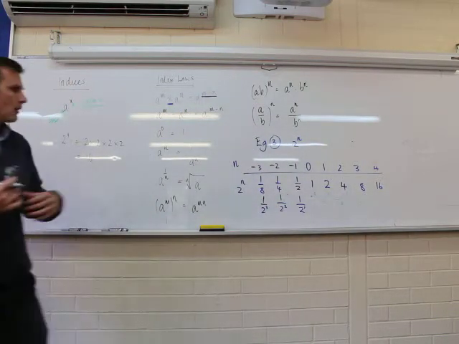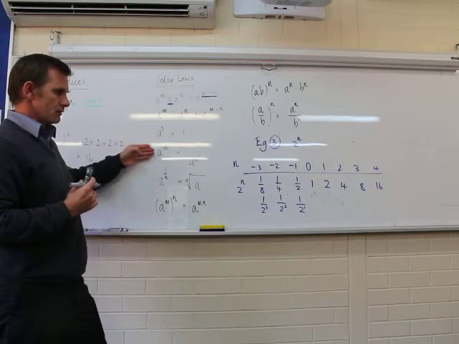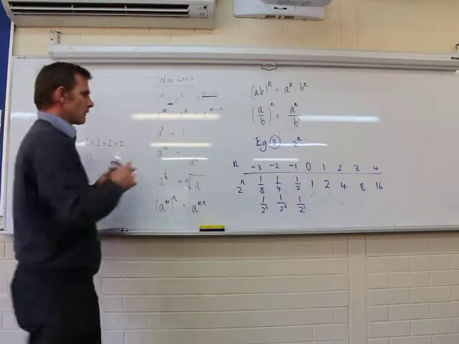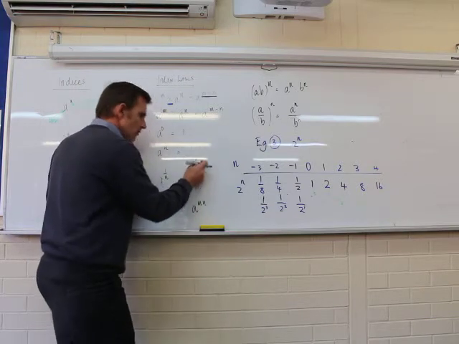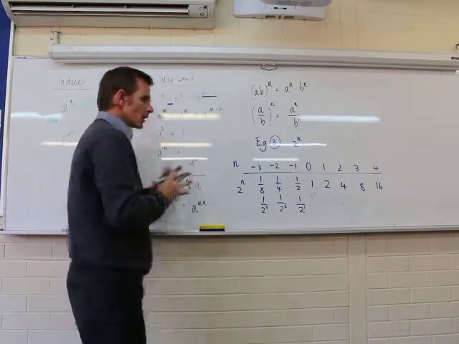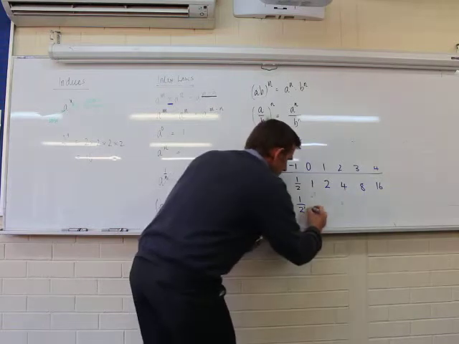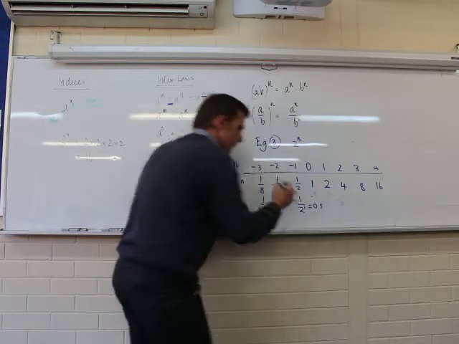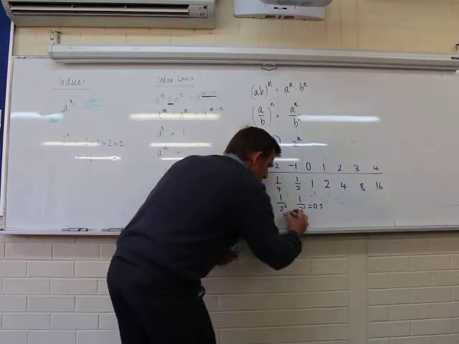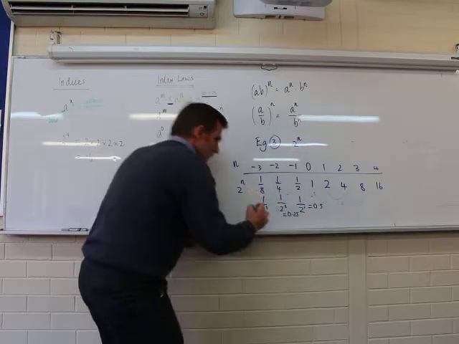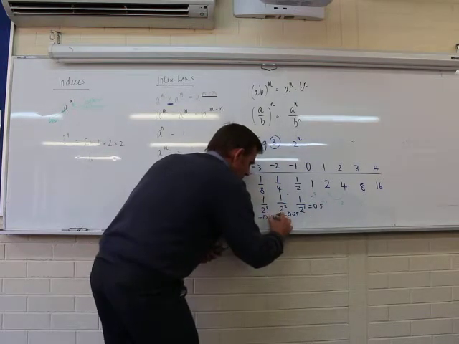Right. Now the rule that I'm working towards here is this one here. Because if I have 1 over something, let's work out the decimal equivalent here. Isn't this 0.5? Isn't this 0.25? Isn't this 0.125?